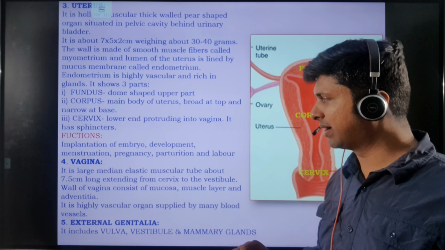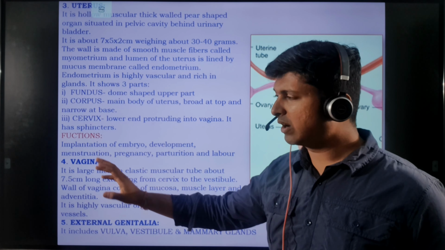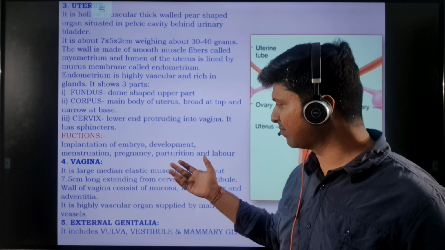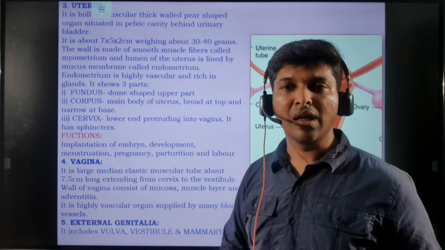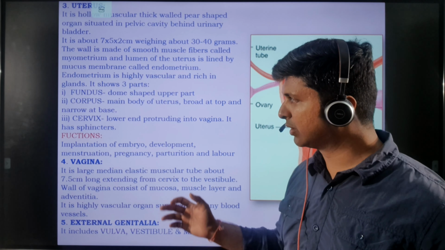So endometrium, myometrium and exometrium are the three layers of the uterus. Then development and menstruation are other functions of the uterus. Pregnancy, parturition and labor pain are also functions of the uterus.